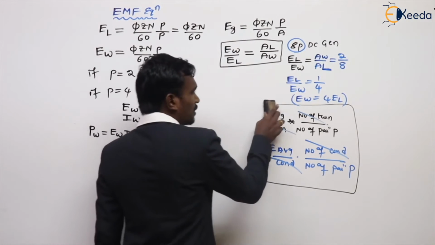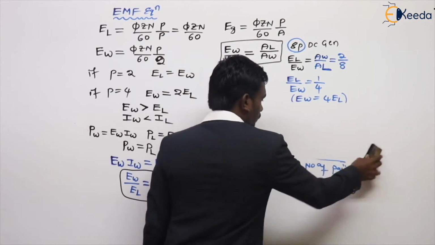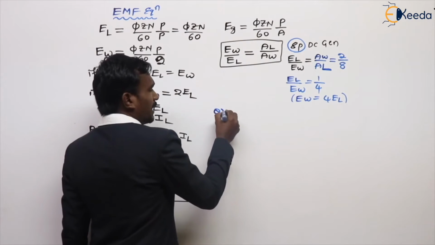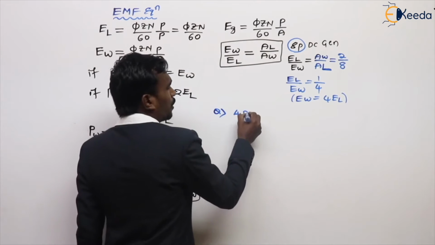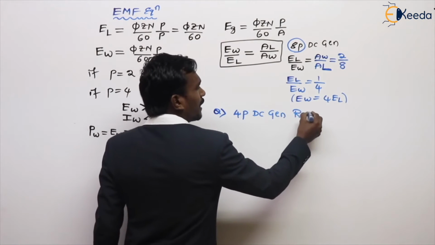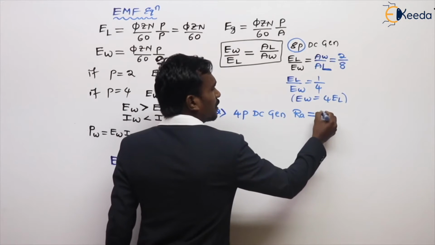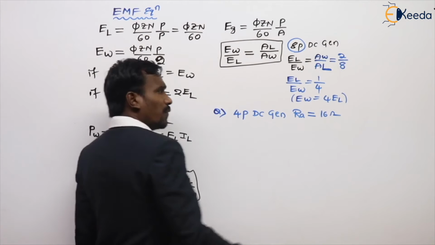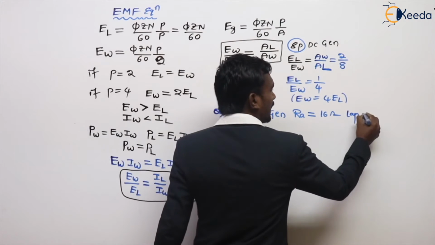For example, a 4-pole DC generator having an armature resistance of 16 ohms, which is connected in lap winding.